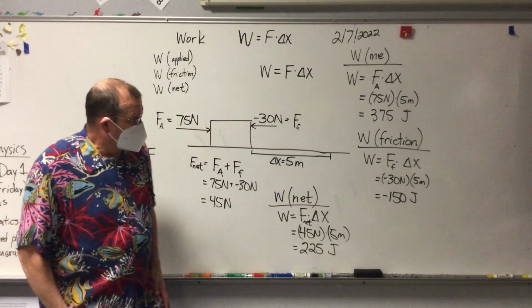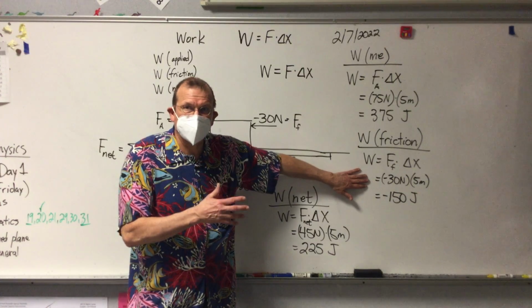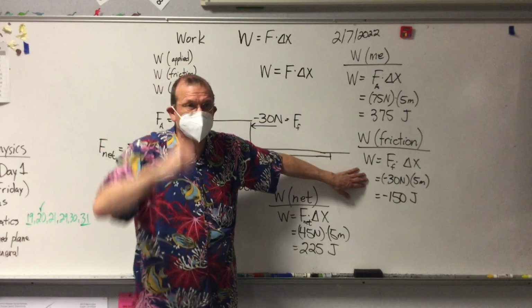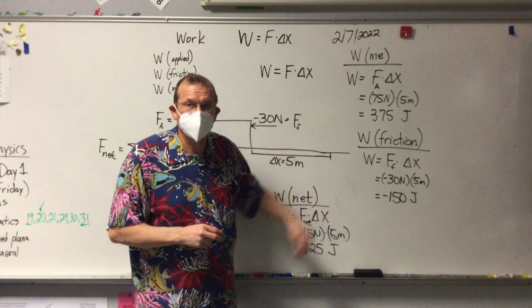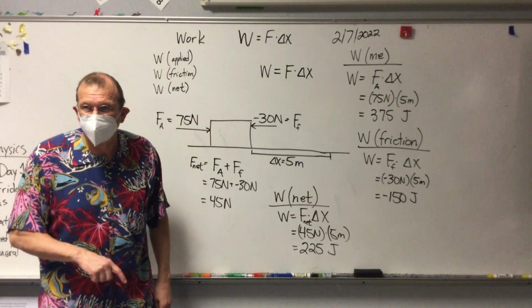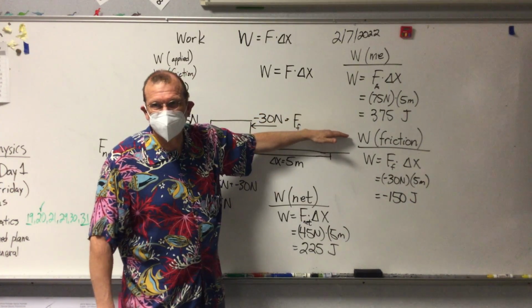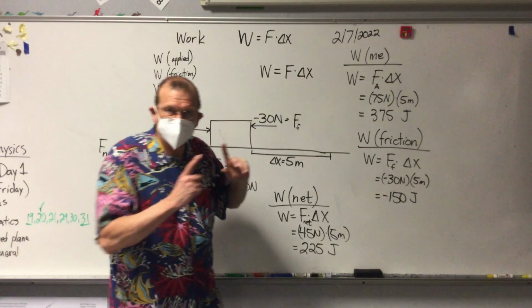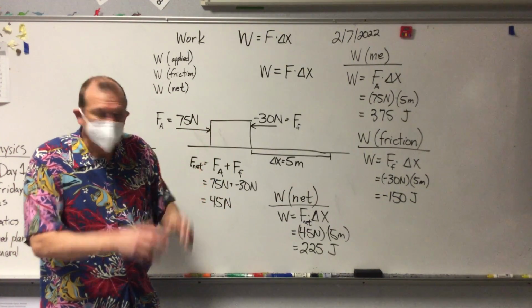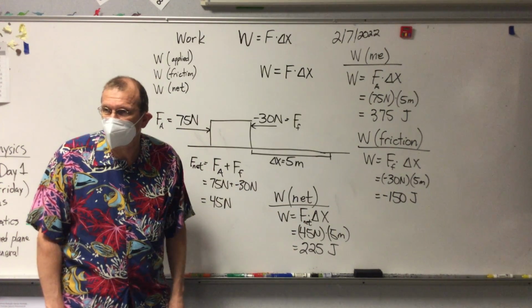Now, if there's a second force in this problem, it doesn't always have to work against you. If we said there's a second person who is going to push in the same direction that you do, then both of you would say, I did work, the other person did some work, but if their work was oriented in the same direction as yours, both of your works would add together to make even more overall work being done.